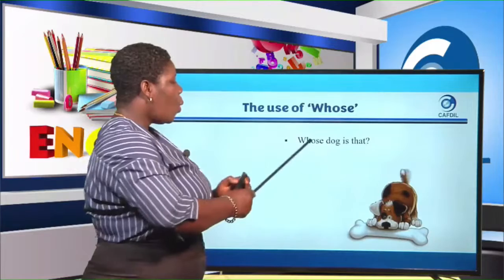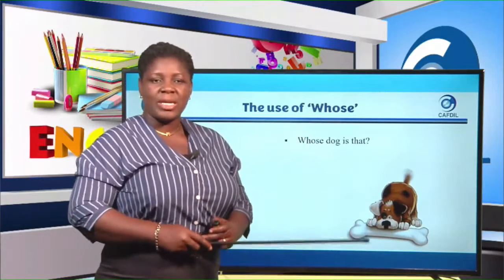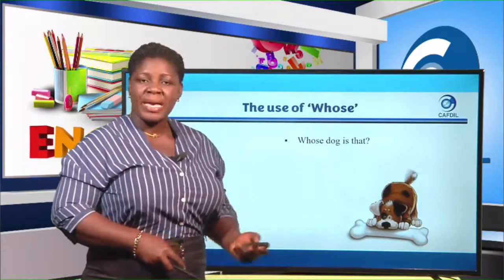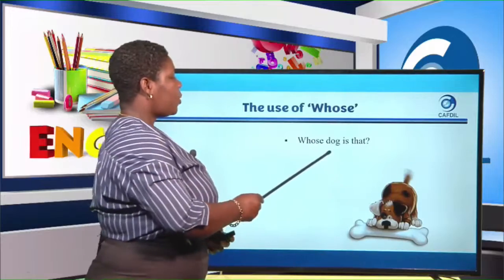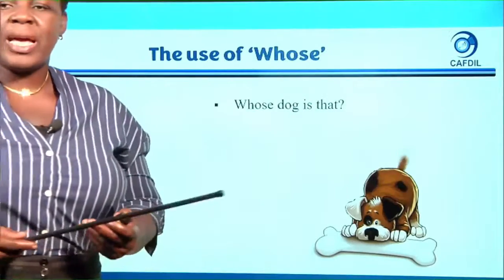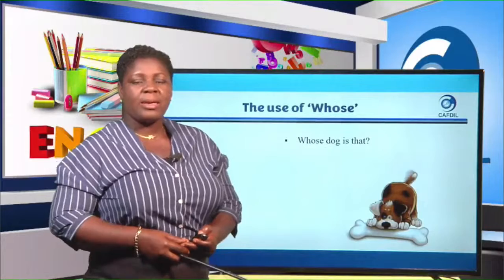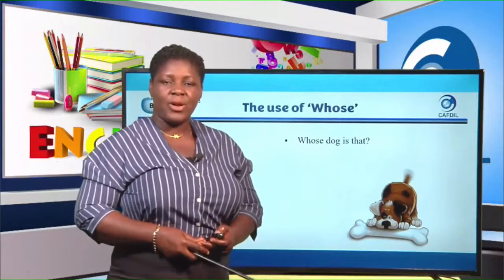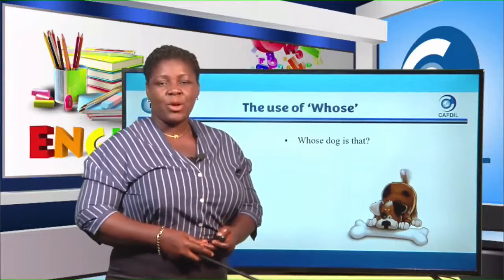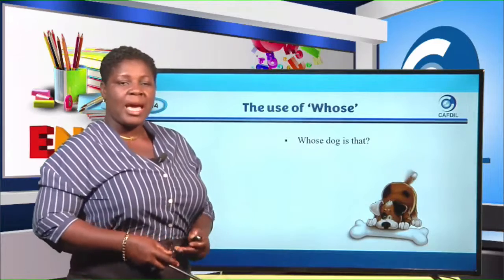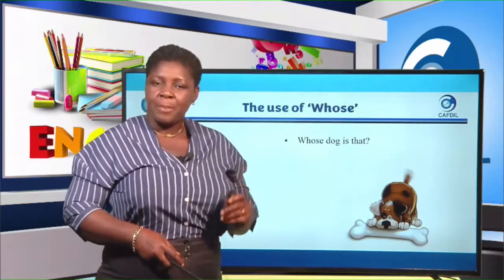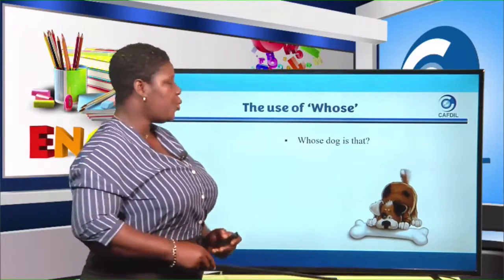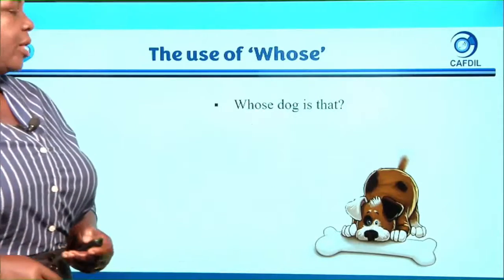So we use whose to ask a question about a person. So you can tell me the dog is for Kofi, the dog is for Mensah, the dog is for my brother. We are asking about a person. That's why we used whose. Let's move forward.